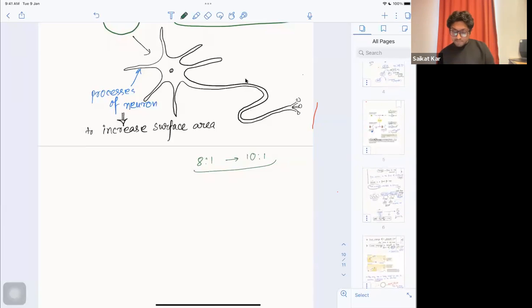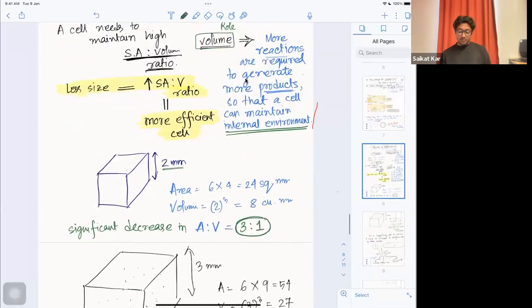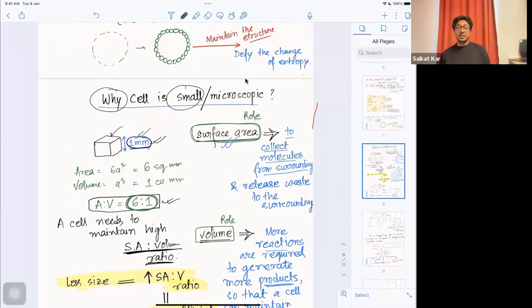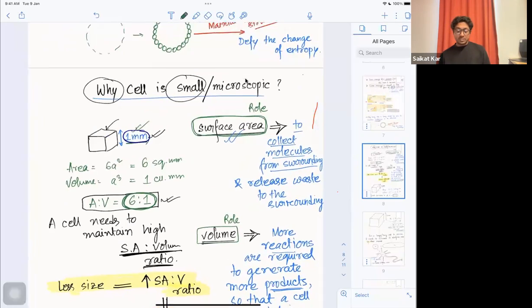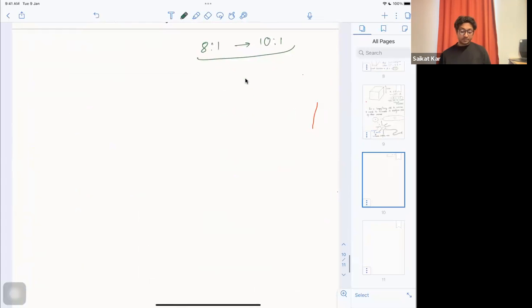So this is the answer to the question of why a cell should be small: because the cell has to survive. Simple. Just to survive itself, it has to be small. It cannot be big. And if it's big, then it will make some branches or something like this so that its surface area is increased.